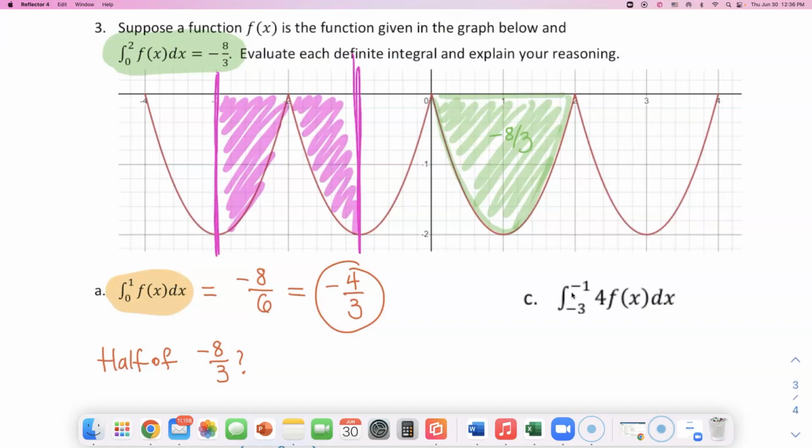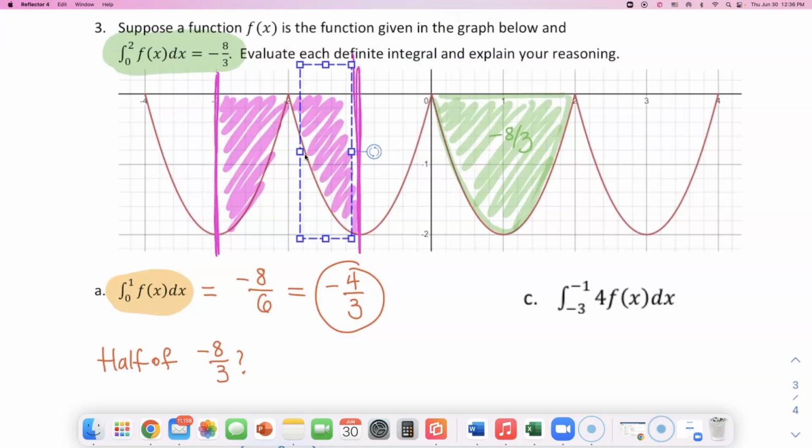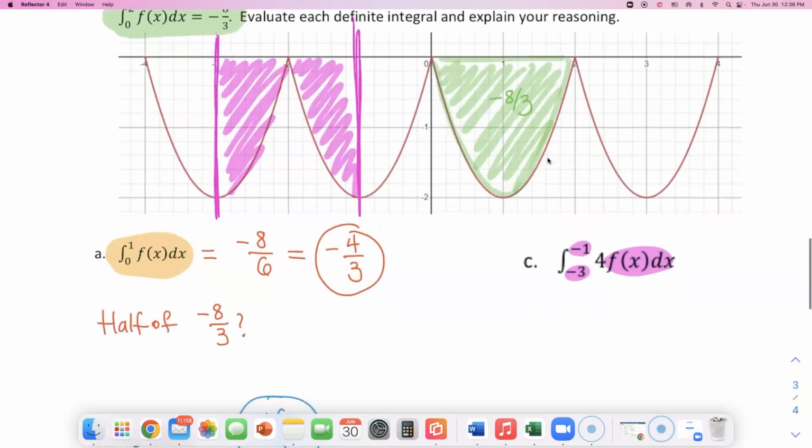But listen, if I add them together, wouldn't it be the same? Imagine just moving this to this, and we're looking at a whole parabola. So it's going to be the same as the negative 8 over 3. But there is one more piece that we have to pay attention to. What I underlined in pink is that much. But you see we have a different number here. We have something in front of it, and that's that 4 right there.